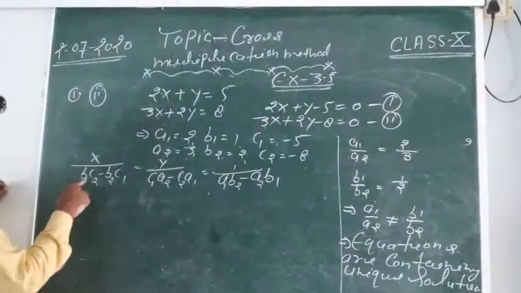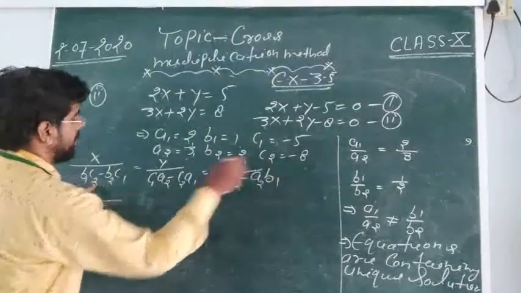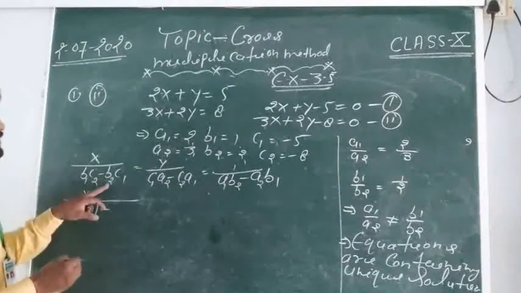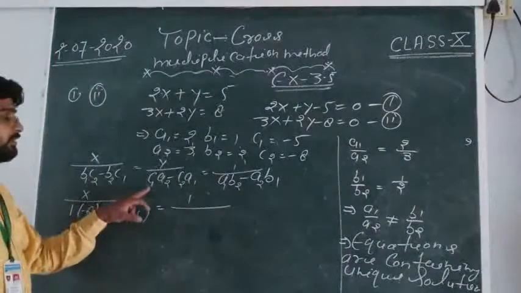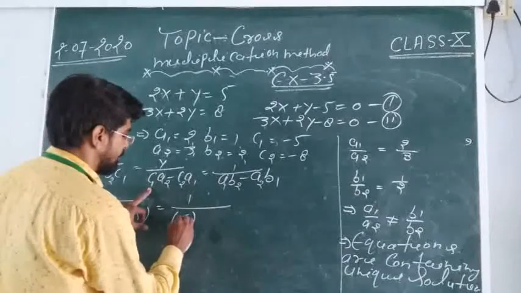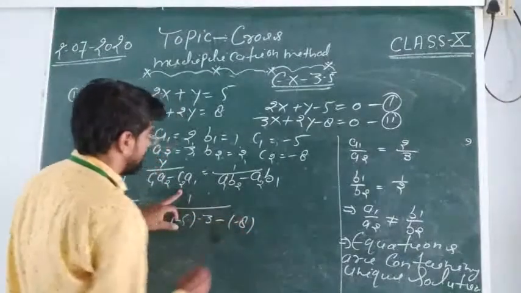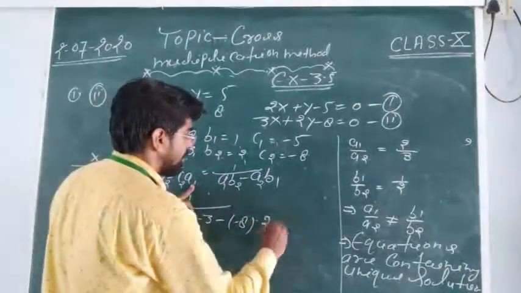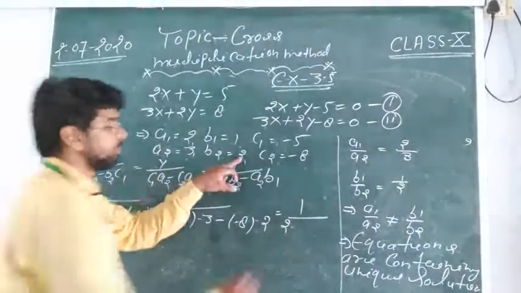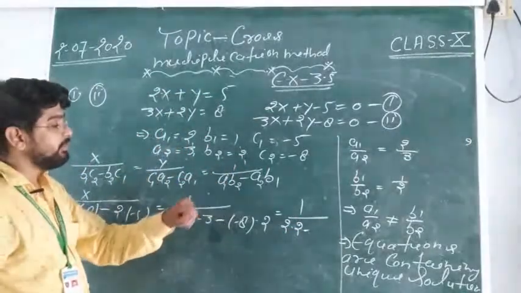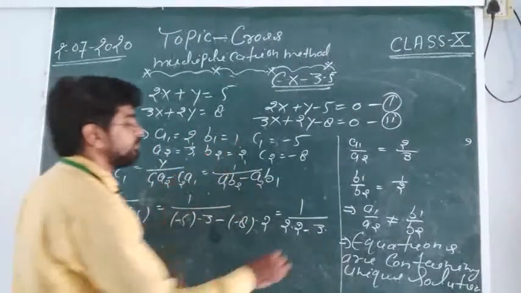Now put the values of a1, b1, c1 and a2, b2, c2. b1 is 1 into c2, c2 is minus 8, minus b2, b2 is 2 into c1, c1 is minus 5, is equal to 1 upon c1, c1 is minus 5 into a2 is 3, minus c2 is minus 8 into a1 is 2, is equal to 1 upon a1 into b2 minus a2 is 3 into b1, and b1 is 1.